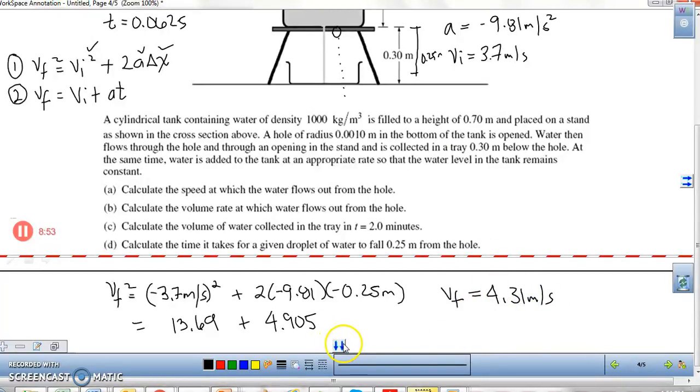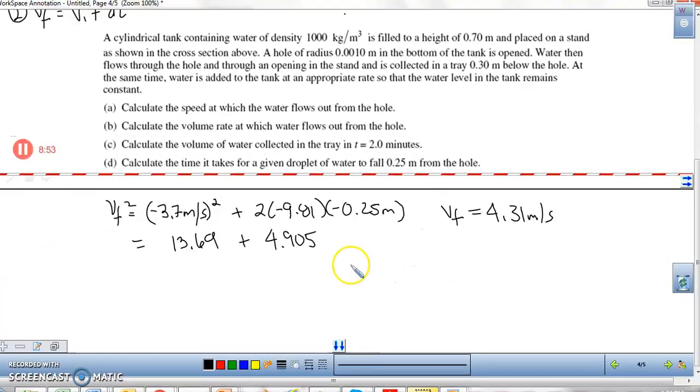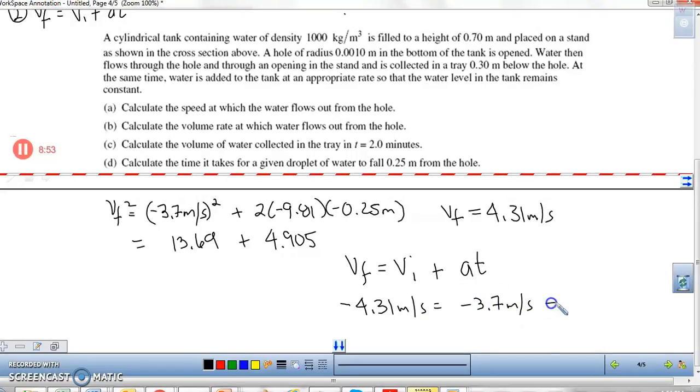Oh, I'm running out of time. So V final equals V initial plus AT. So the final is negative 4.31. The initial is negative 3.7 because it's going down, and a is negative 9.81, times T. I could beat the clock.